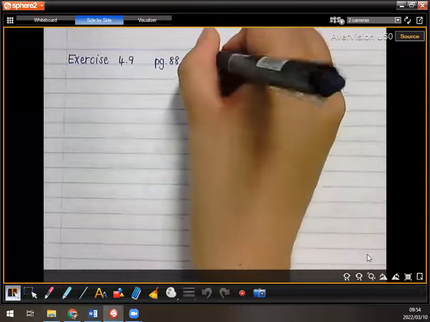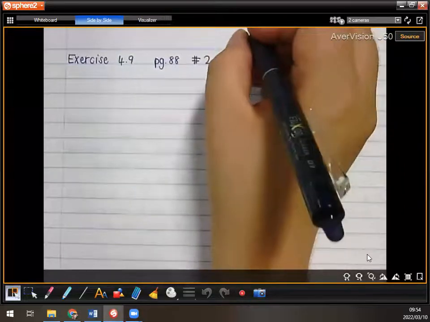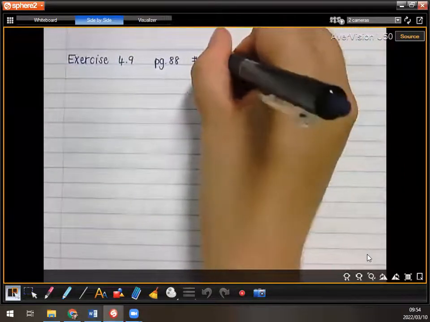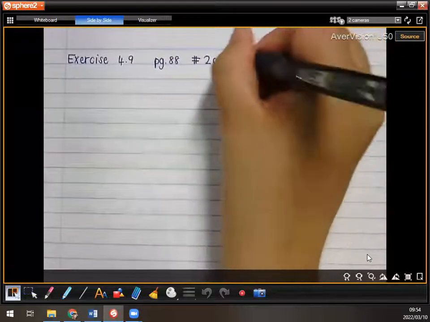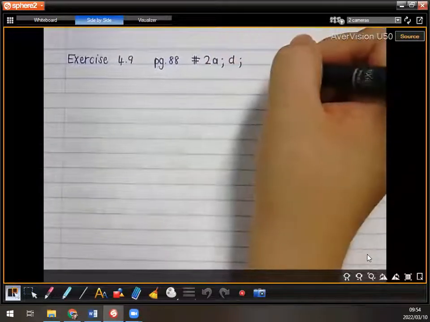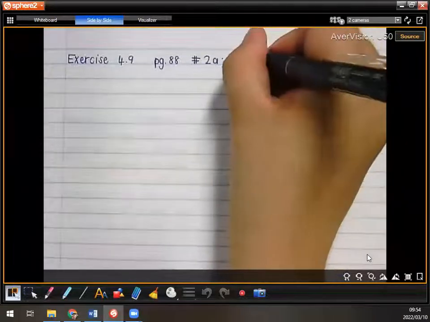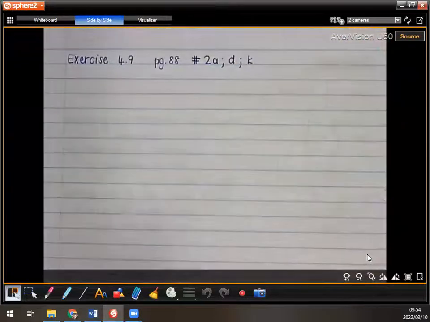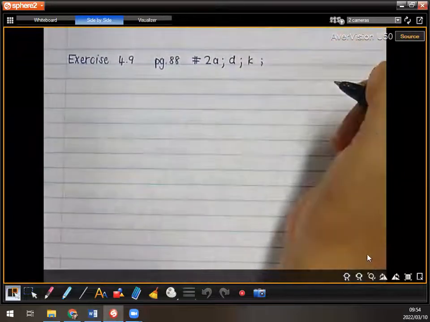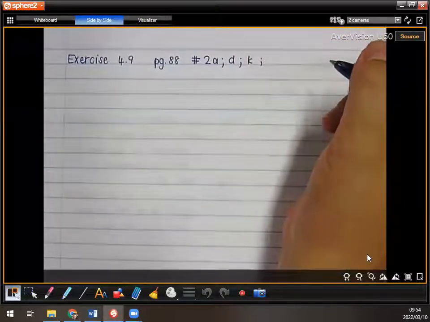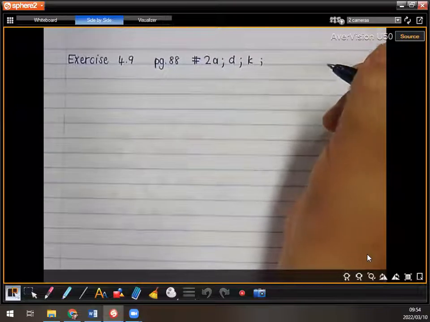Okay, number 2. Let's go with A, the first one, and then we can do D. So those are 2A and 2D. Then in number 3, they have simultaneous equations that are more complicated.